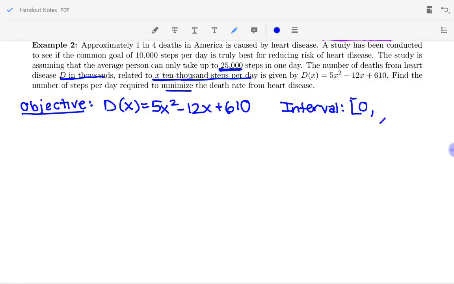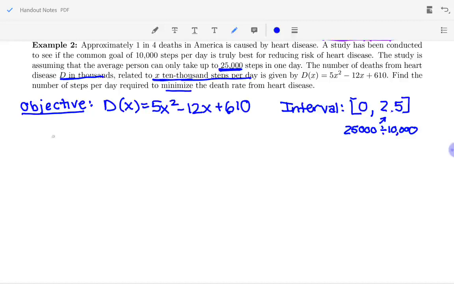So I need to figure out what 25,000 is in terms of 10,000, so I divide by 10,000. We said 1 stands for 10,000 because it gets multiplied by 10,000; we're doing the opposite here. We take 25,000 back, and that's really 2.5 ten-thousands of steps. Weird unit on this one. So 0 to 2.5 represents 0 to 25,000 steps. There's our interval of interest.